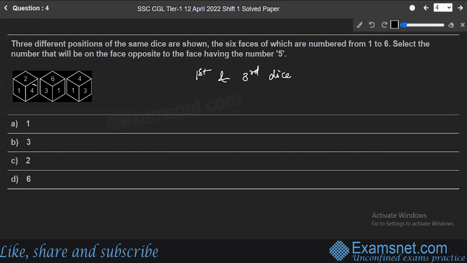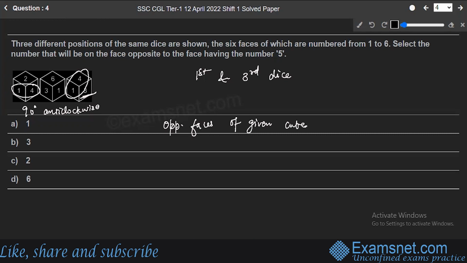In these 2 dice, 1 and 4 are common, correct? If I rotate the first dice 90 degrees anti-clockwise, on the other adjacent side of 1 and 4 comes 3, right? See this 3. This one comes, right? So now look at the opposite faces of the given cube.